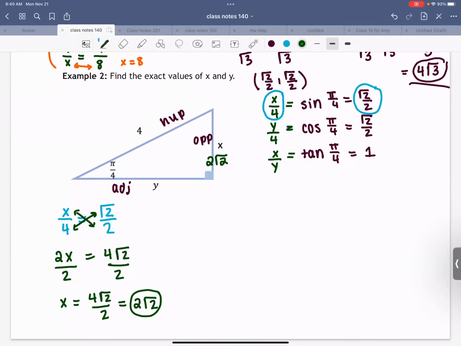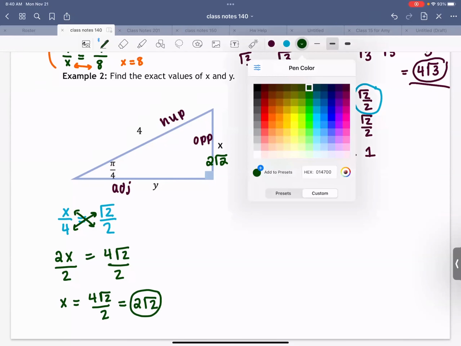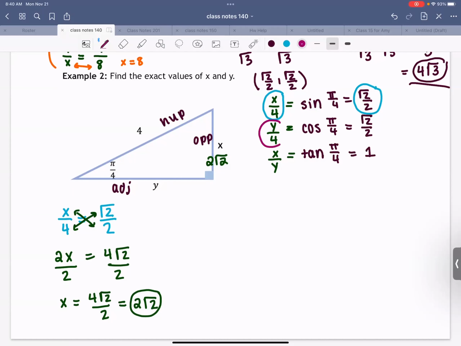Using my information about cosine, I know that y over 4 is equal to root 2 over 2. Now I have this relationship. I can definitely cross multiply, but what do you think y is? The same as x, right? Because isn't the equation I just wrote in pink this equation?